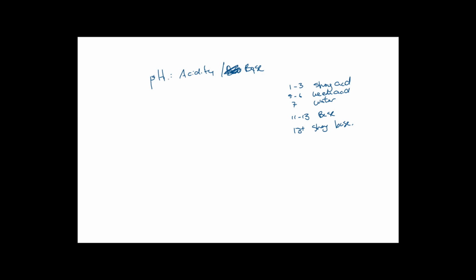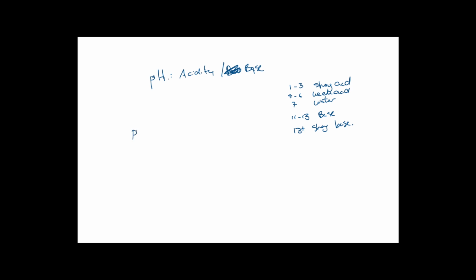What does that mean though? Well, a strong acid isn't necessarily how strong an acid is. It's actually how much it dissociates in water. So it's related to how strong it is, but really it's a dissociation. It's a measure.